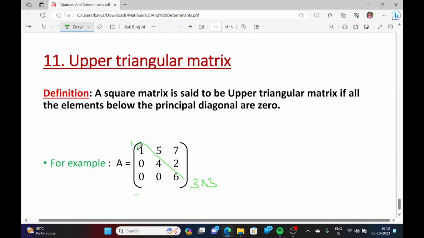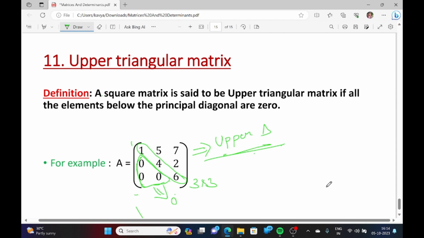This is the principal diagonal. A square matrix is said to be an upper triangular matrix if all the elements below the principal diagonal are 0. It is called an upper triangular matrix. Okay, have you all got it?